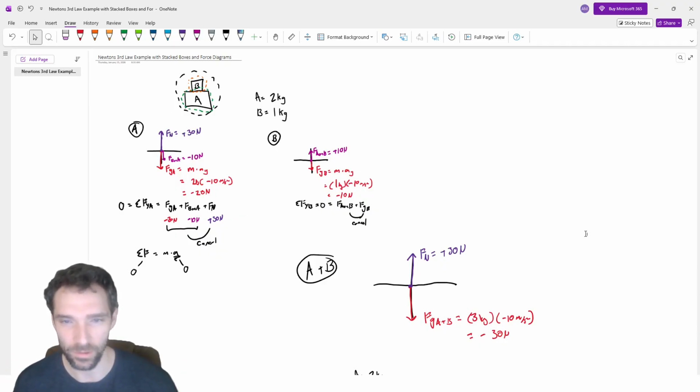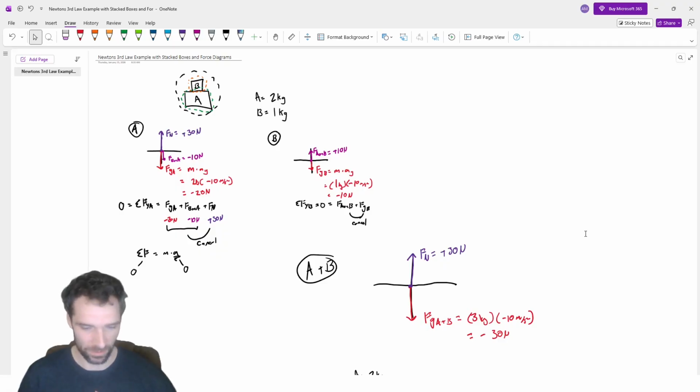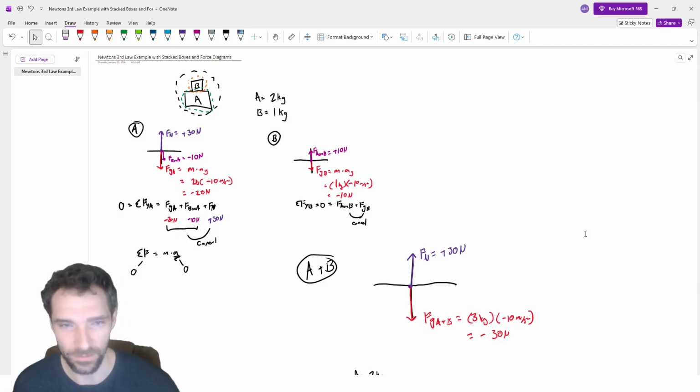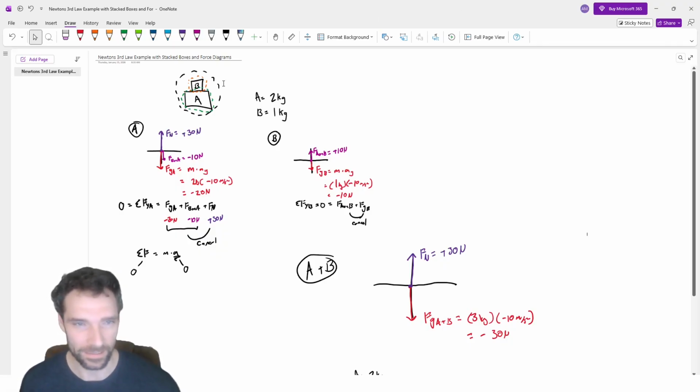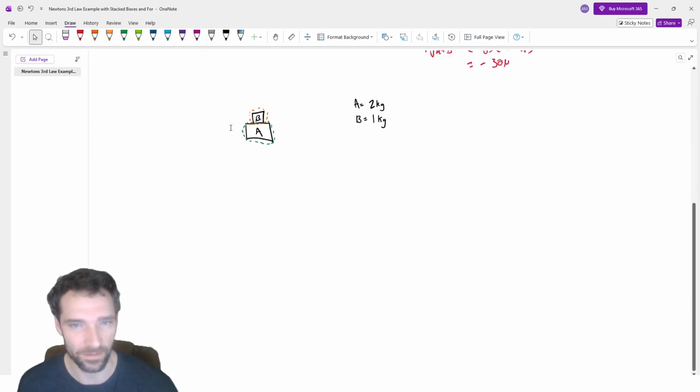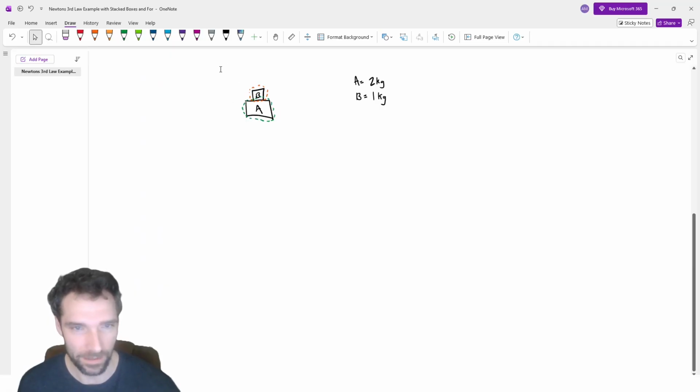Like if I'm looking at a person and how much force is acting on them as they are being pushed by something, you're not going to look at the internal forces of what's going on with them pushing the food in their stomach and their food pushing back on them. So the same sort of idea here is that you don't need to worry about internal forces when you look at this larger system.